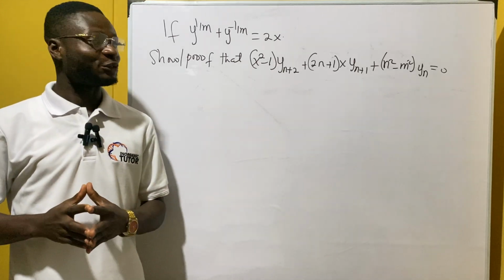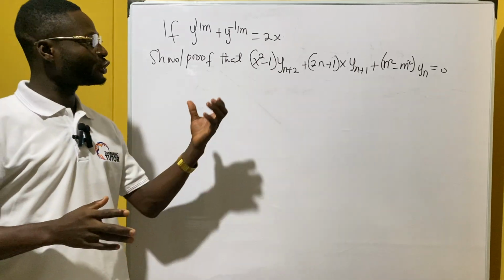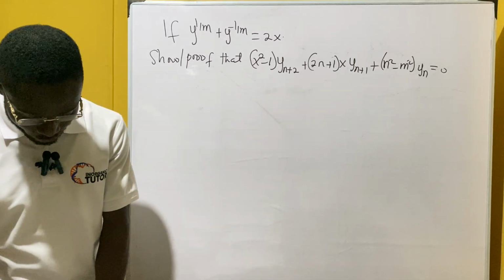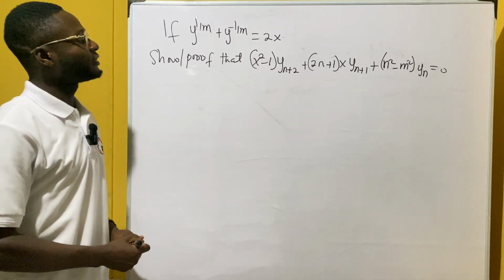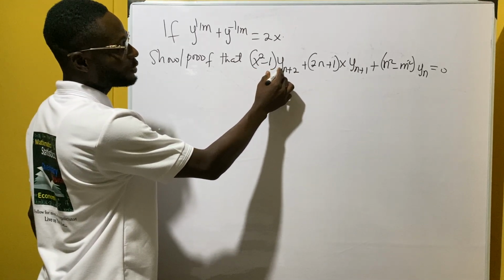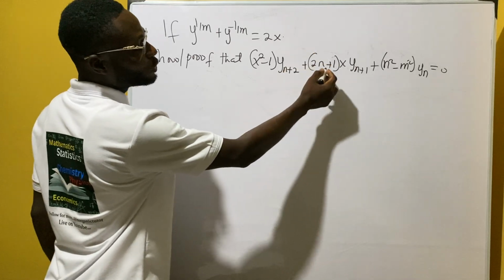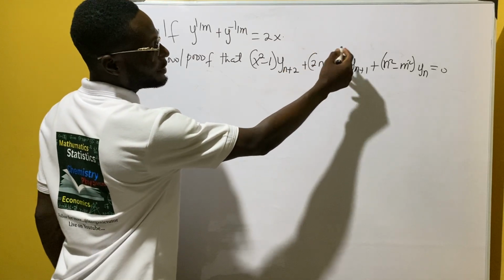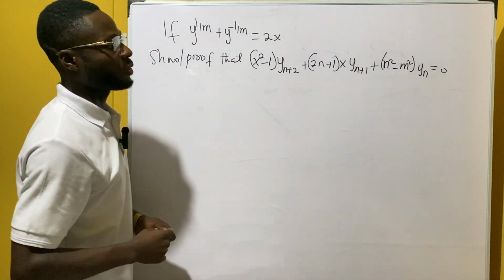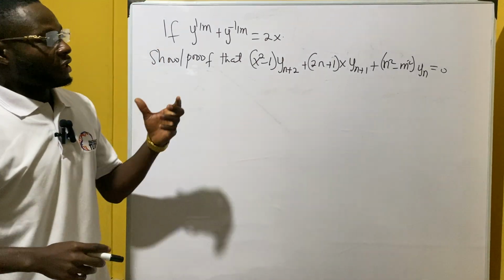Today is another episode. We want to look at how we can show or prove this particular work on the board right here. We are to prove that (x² − 1) y_{n+2} + (2n + 1) x y_{n+1} + (n² − m²) y_n = 0.